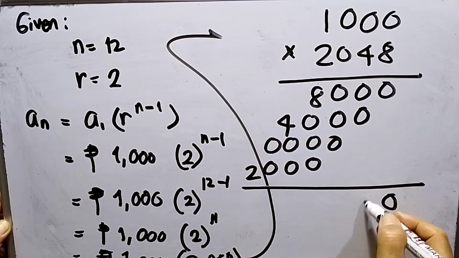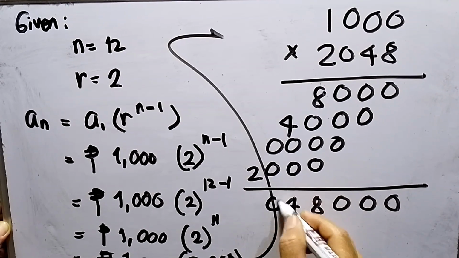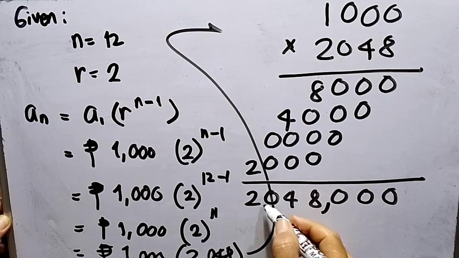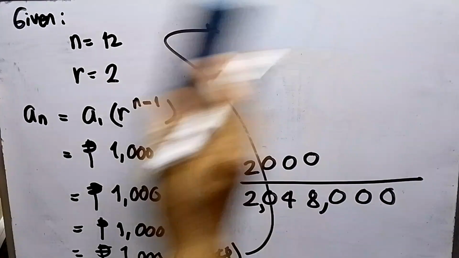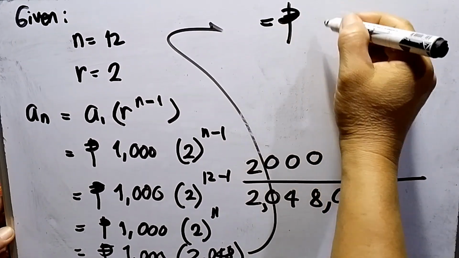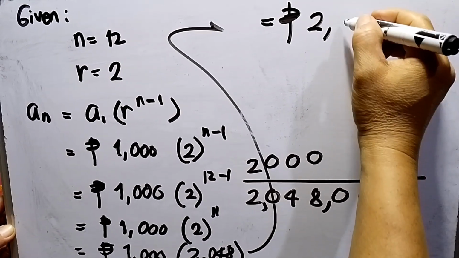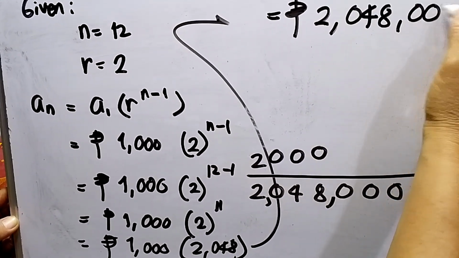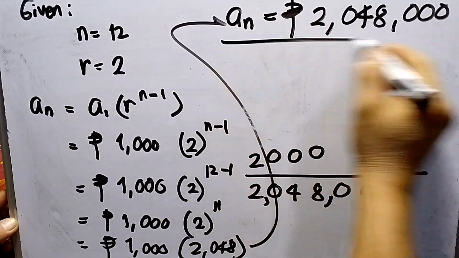So bring down 0, 0, 0, then 8, 4, 0, 2. So my final answer for this application is 2,048,000. So this is now your last term of 12 employees.